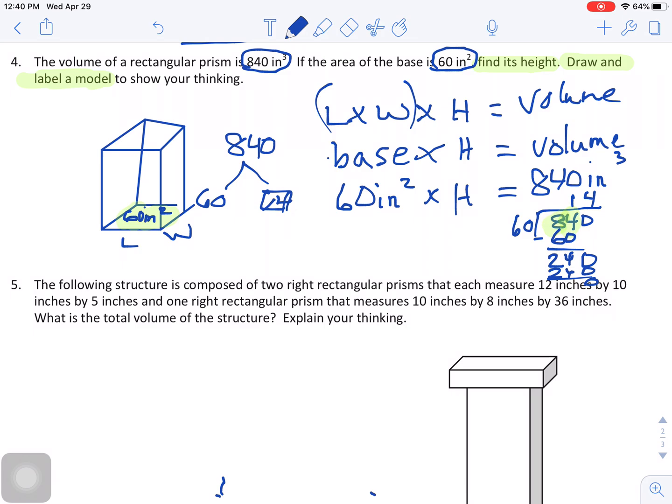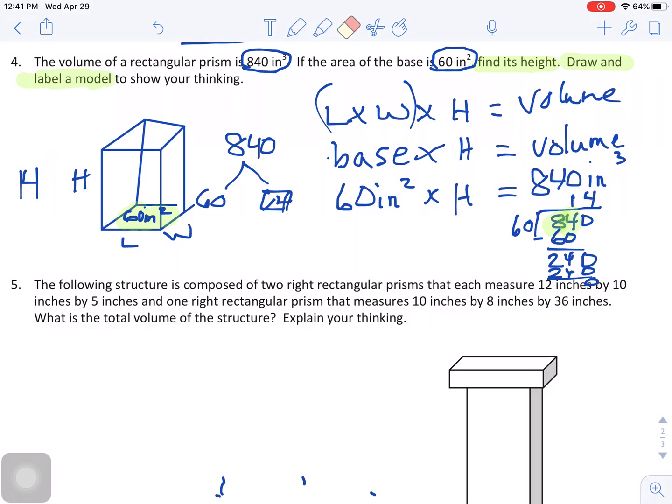Okay, so that would leave us our missing dimension right there. So our height would be 14. Whoa, let me redo that. So this is our height, and it's going to be 14 inches. Okay, now we have to make sure that we label, right? So notice that I labeled the base as 60 inches squared, and I used those 2 little hashtags to do inches, but I'm going to erase that.